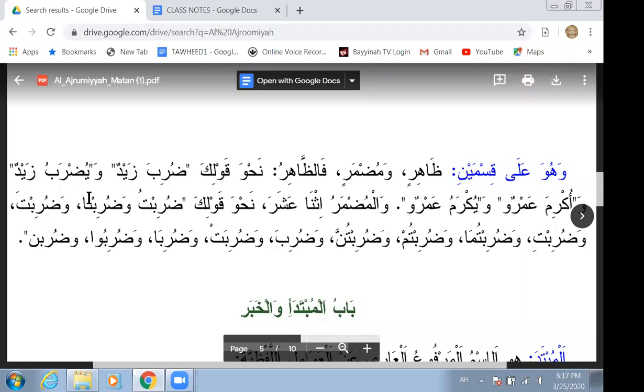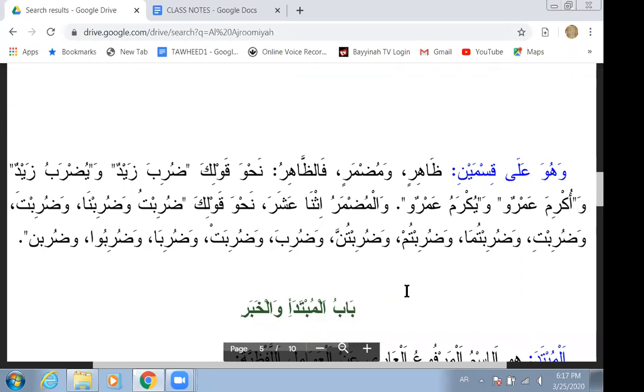Yudharibu Zaidun. Now they have given the same example, but with the present tense. Yudrabu. We see that the first letter has taken a dhamma and the second last letter has taken a fatha. So this shows that this fi'l is the present passive, mudari majhul.